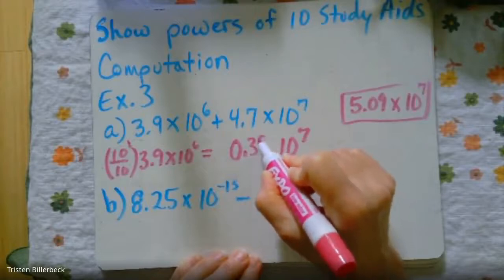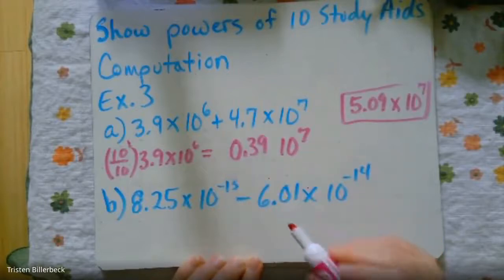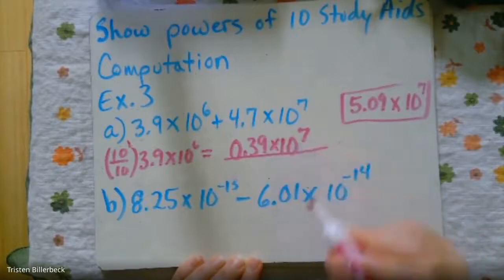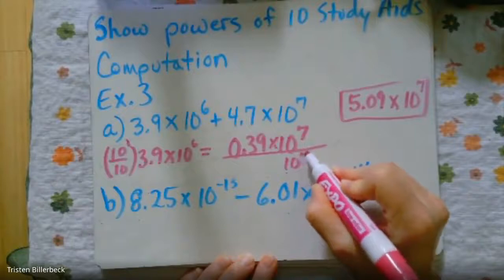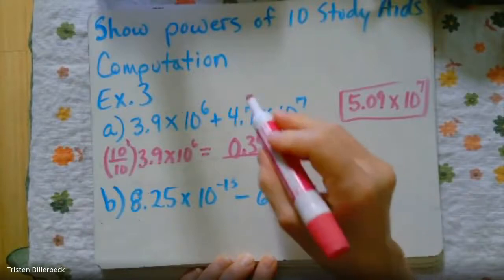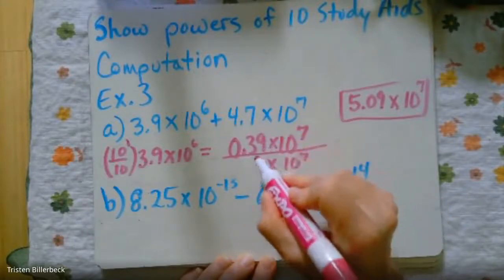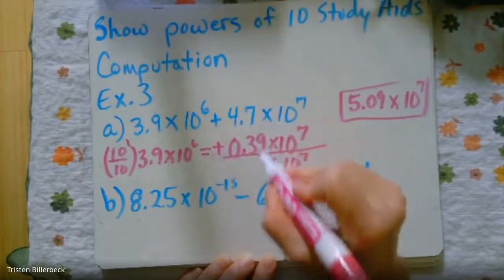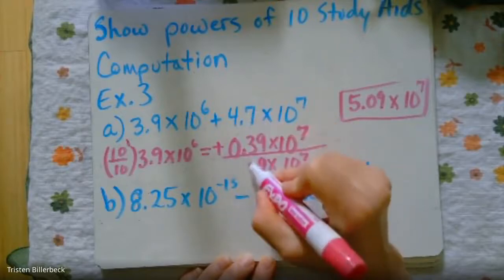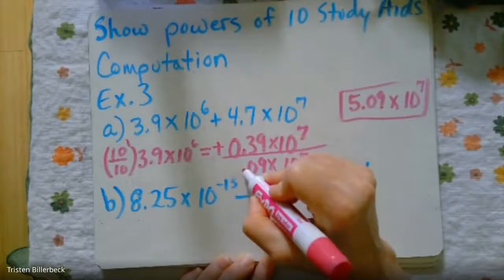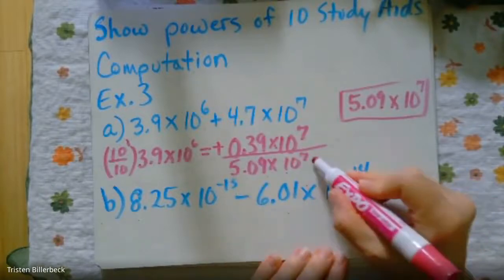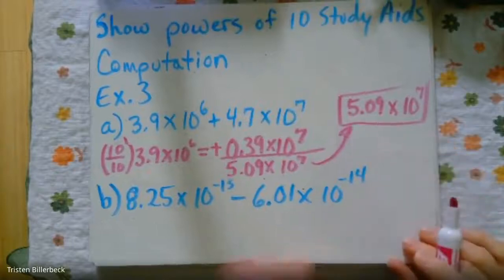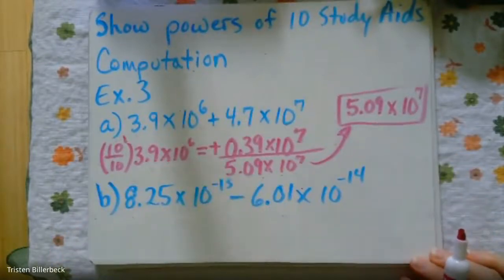So I end up with 0.39. Okay, so that gives me 10 to the 7th. And then when I add these two together, I have 9, 10, carry the 1, and 5. So I end up with the same thing that I have here, but that was much faster.